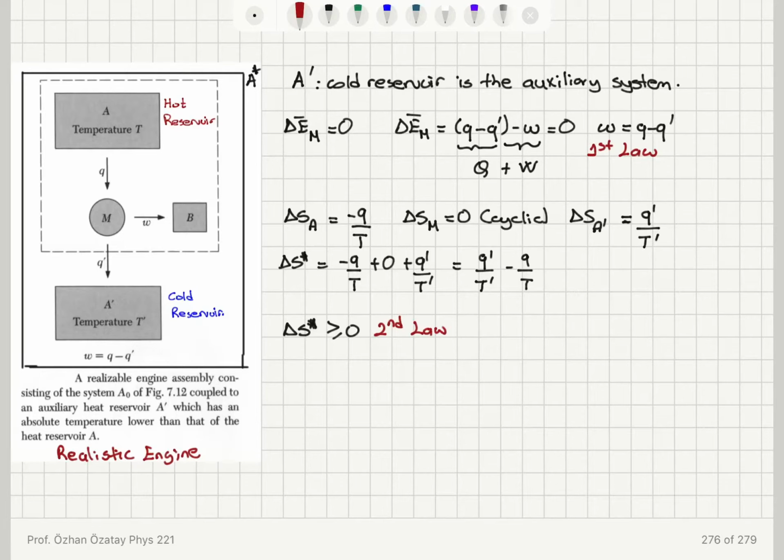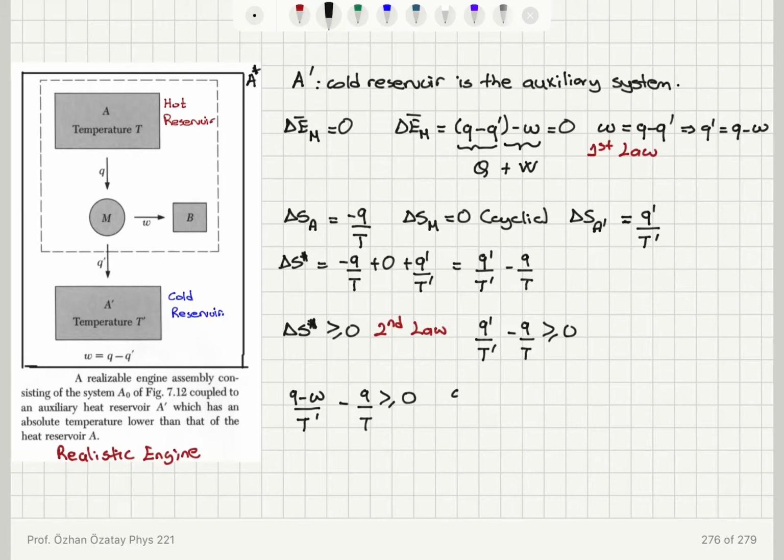And so if I write Q prime over T prime minus Q over T should be greater or equal to 0. And if I substitute for Q prime, Q minus W, I see that this is basically Q minus W over T prime minus Q over T should be greater or equal to 0.